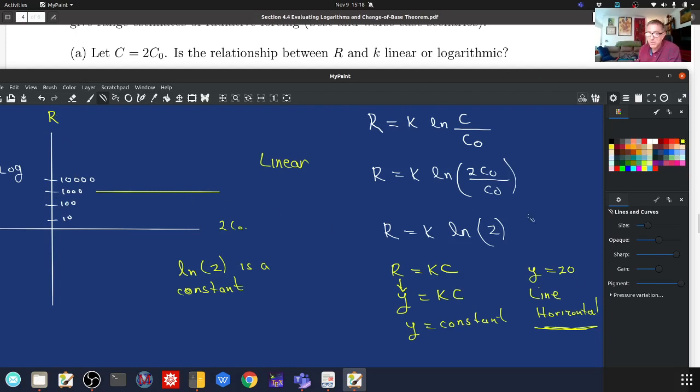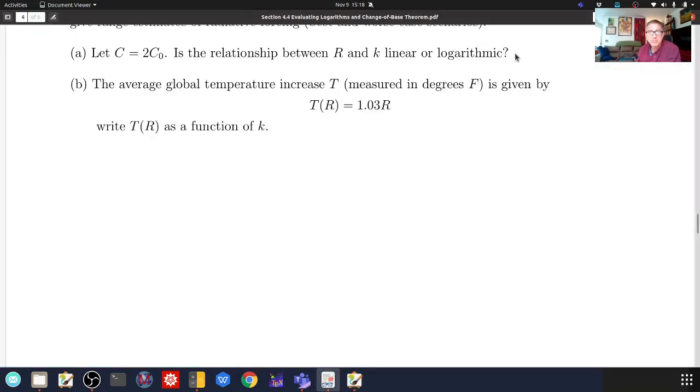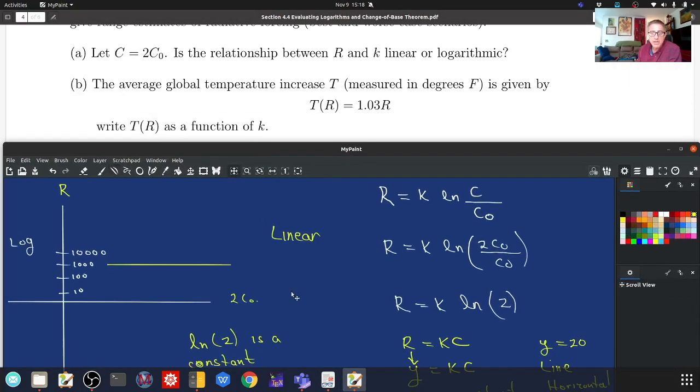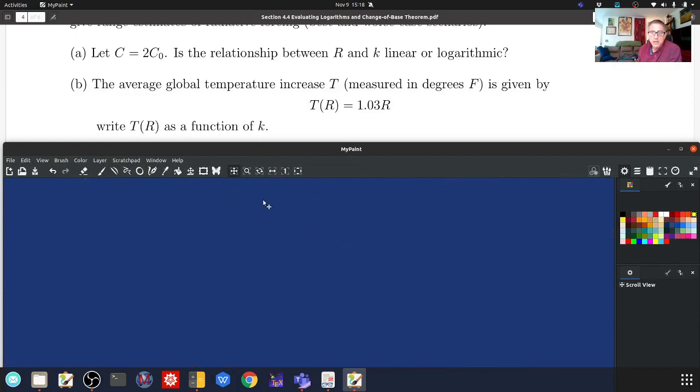It won't be horizontal though. Let's go on. This is really where math gets so interesting. The discovery of logs and the natural log has completely changed our view of the world.